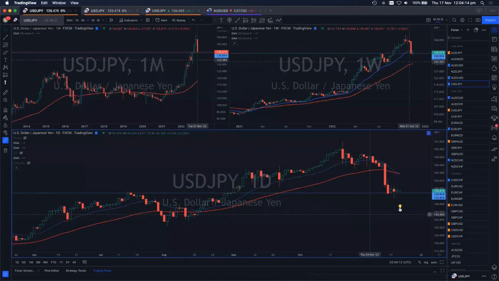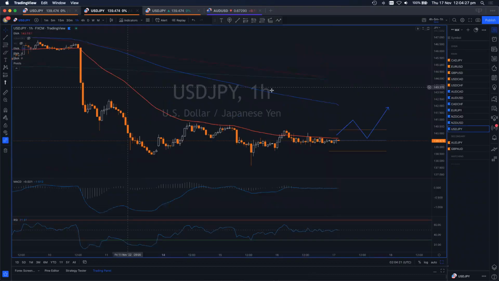Dollar yen, last one we look at. Again, still on this level a lot. Quite a strong level, this high here, major level for this high. So if we have some bullish price action to happen, what can we get on the 1 hour chart? Very sideways, not much happening, no direction at the moment.